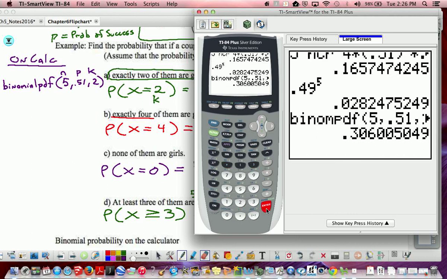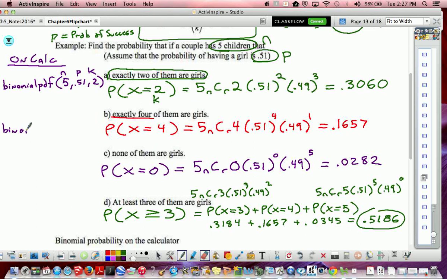So when I hit enter, notice how my answer is exactly the same as what I did when I used the formula. Okay? So if I do this second one here, I go binomial PDF 5, comma, 0.51, comma, 4.